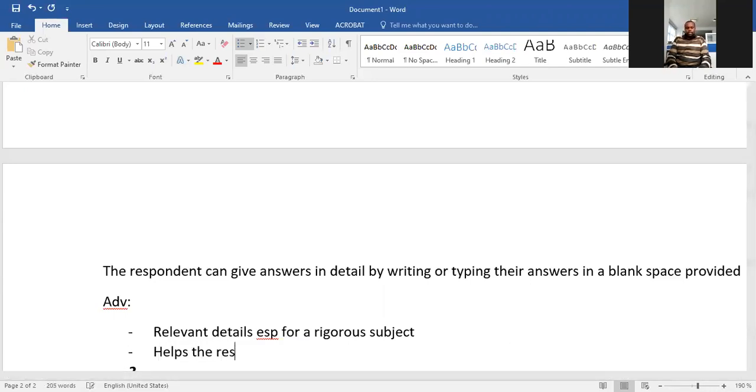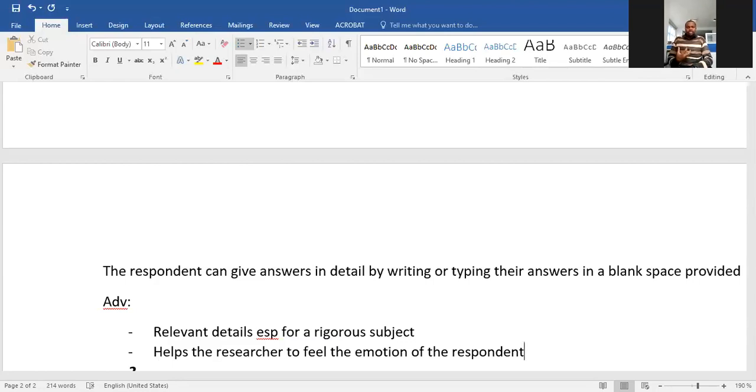Okay, and then the other advantage is that it helps the researcher to feel the emotion of the respondent. So, when you are writing, when you're expressing yourself on a particular subject, you are able to pour out what you really want to say in form of words.